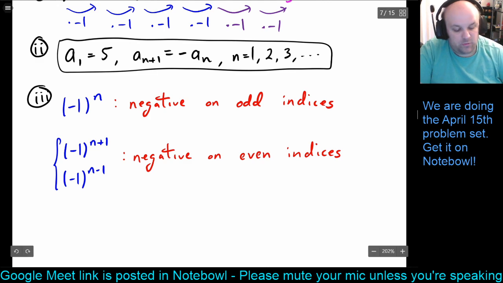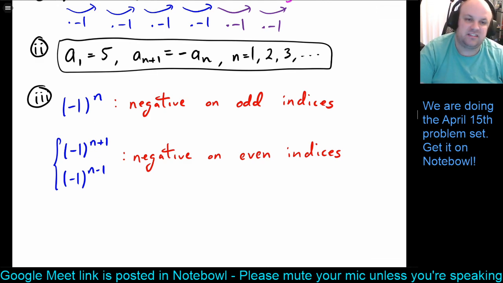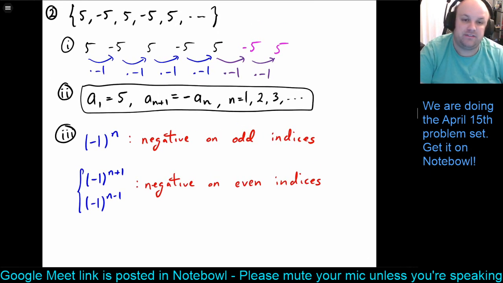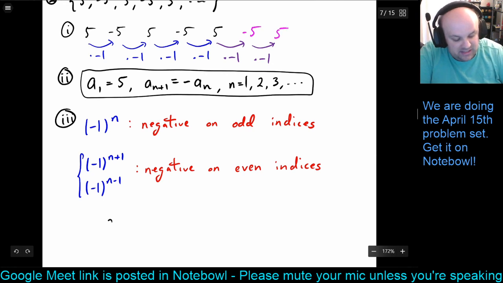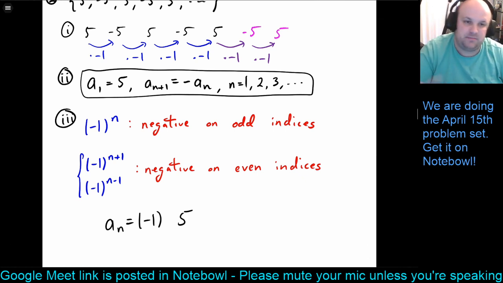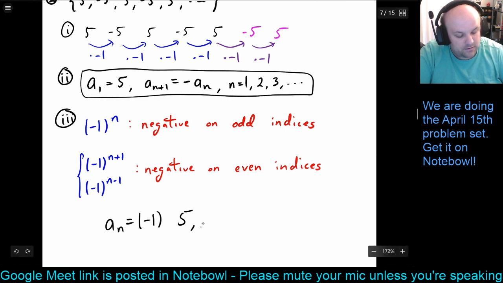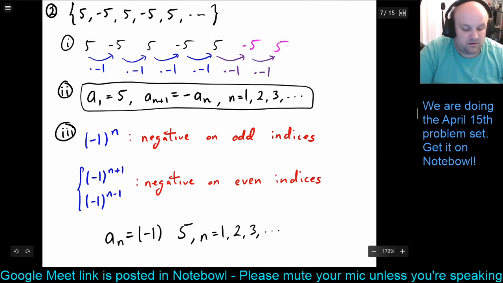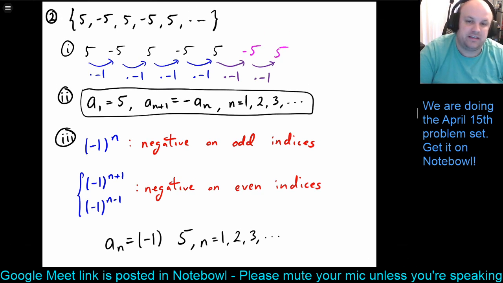So with this in mind, we can build the explicit formula pretty easily, because we know it's just going to bounce back and forth between 5 and -5. So the explicit formula, an, is going to be -1 to some power times 5, right? Because it just bounces back and forth. The question is, which power do we want? Do we want the odd indices to be negative or the even indices to be negative? What do we want in this case?